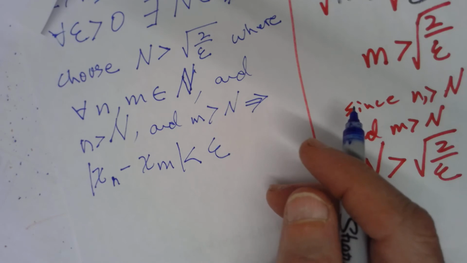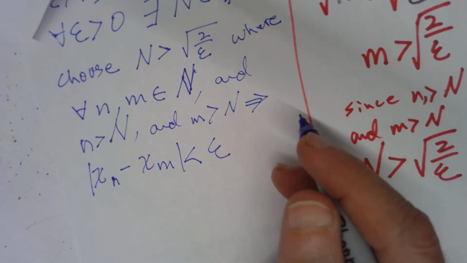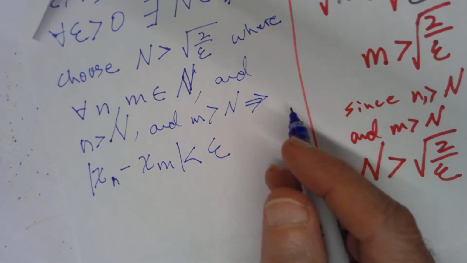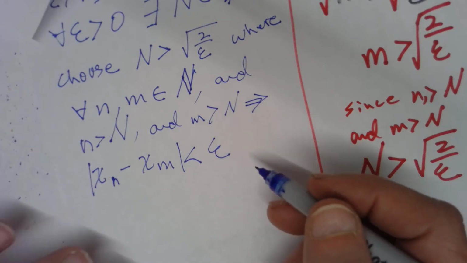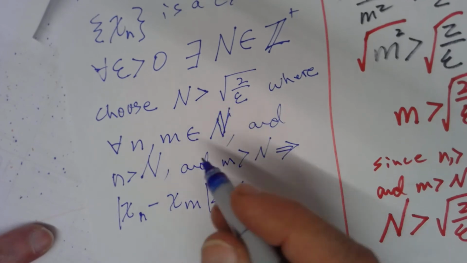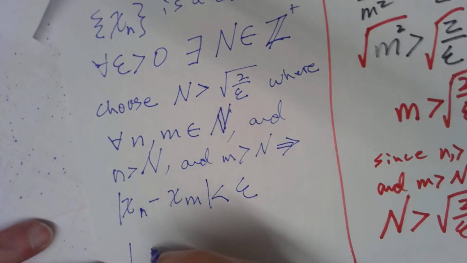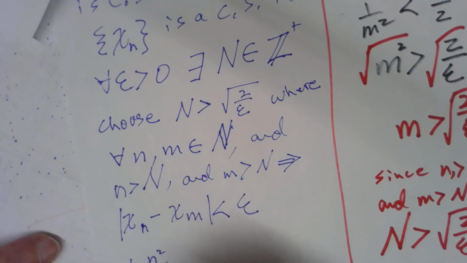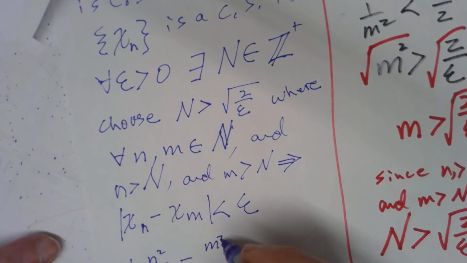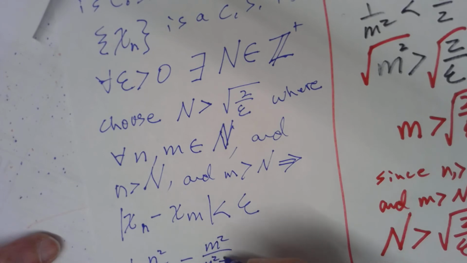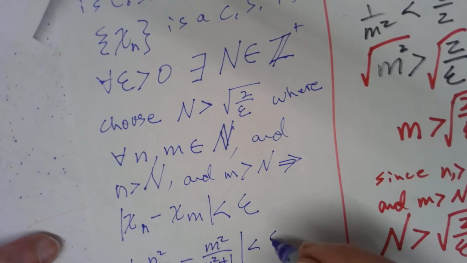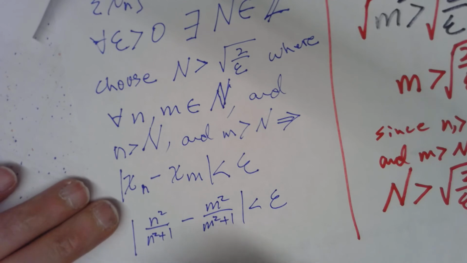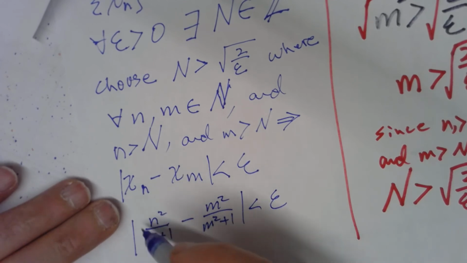Okay, so from here, now we just go back through the steps again, and we go ahead and substitute in our n squared over n squared plus 1 minus m squared over m squared plus 1, and that's less than epsilon. And so we already know that we're going to have m squared over m squared, right?